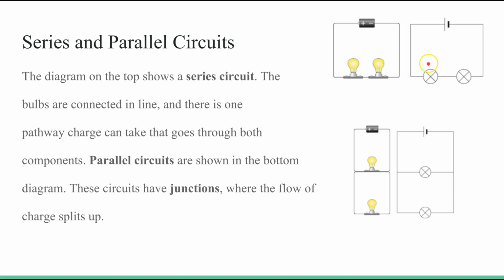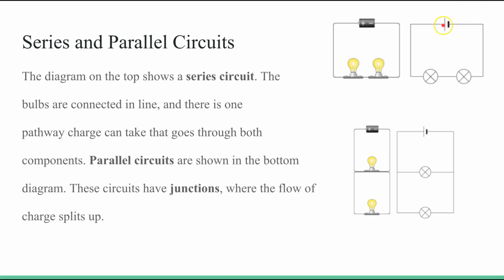That's also another symbol for light bulbs. Circuit diagrams can look different from person to person, so these symbols are like the international standard for drawing and representing circuits, so that other people can use them and find out exactly what you're trying to say in the circuit.